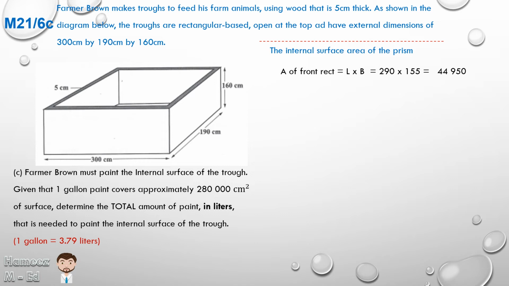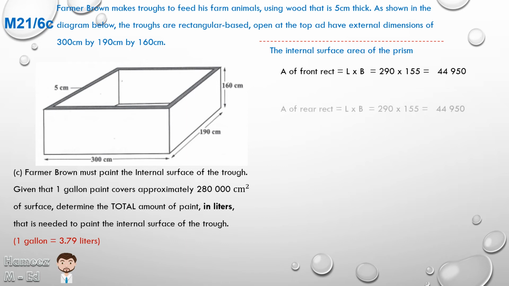So the area of the front rectangle is length times height, and the length won't be 300, but 290, the internal length, times the height, which will be 155. Remember, 160 is the entire thing, but it's the inside of it, so we have to take off for the base. And we use our calculators. 290 by 155 is equal to 44,950.